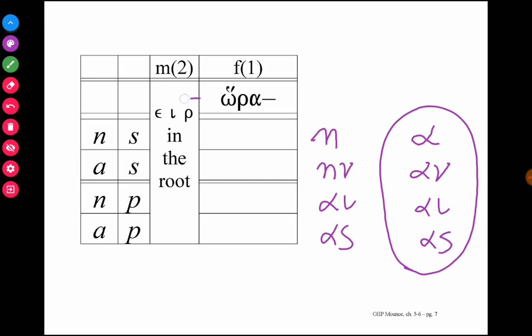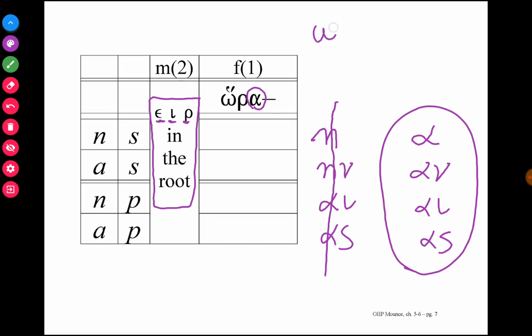The rule is if the root, the stem, ends with either an epsilon, an iota, or a rho, you will use the alpha endings, not the eta endings. You don't use the eta endings when it's an epsilon, iota, or rho word.